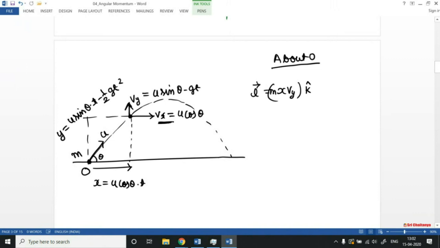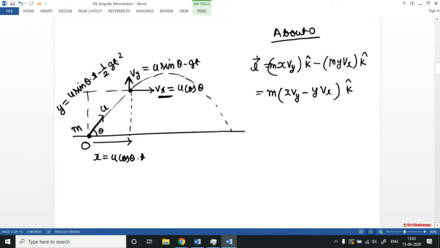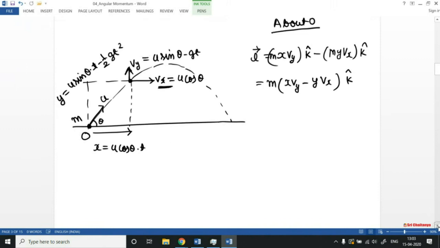So the direction of angular momentum will be inwards, along negative k cap. And this would be basically minus m y Vx k cap. So basically m into (x Vy minus y Vx) k cap would be the angular momentum.